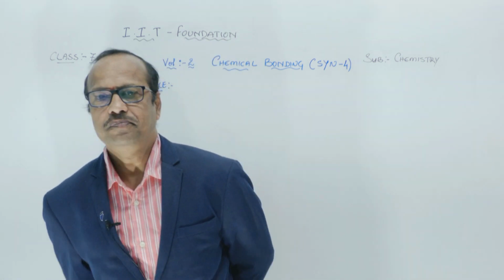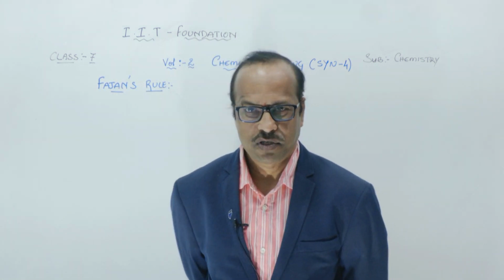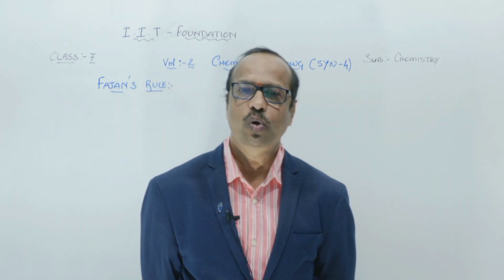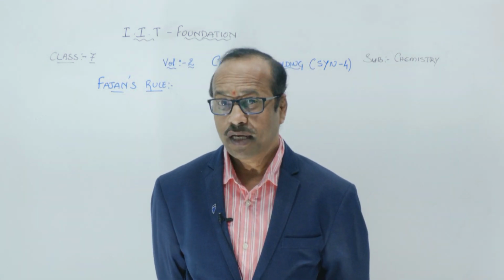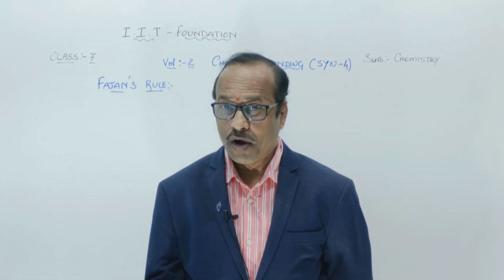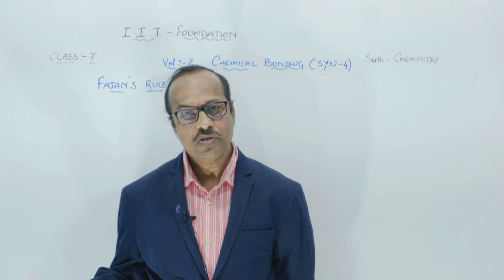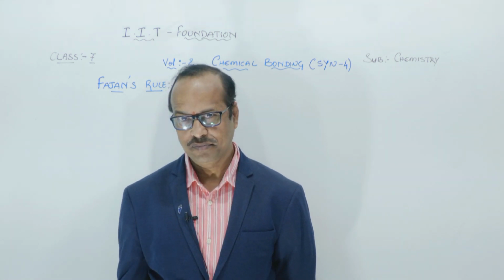Here we discussed two types of bonds. One is called ionic bond, the second is called covalent bond. What is ionic bond? The bond formed by the complete transfer of one or more electrons from one atom to another atom.